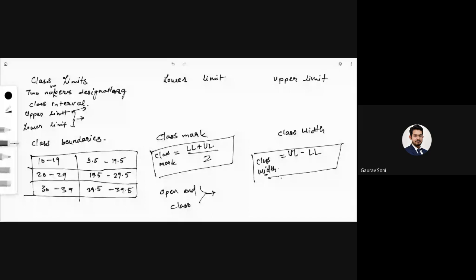Fine. So these are small terms for doing the interpretation of the data. In the next lecture, what you'll see is the cumulative frequency curves, and also with that, we will see the graphical representations of this data.